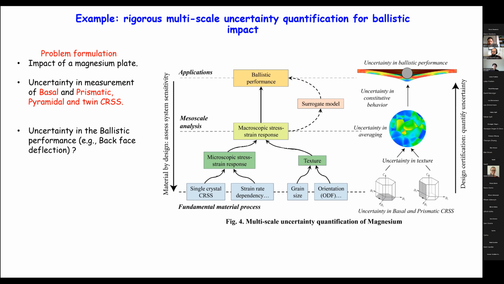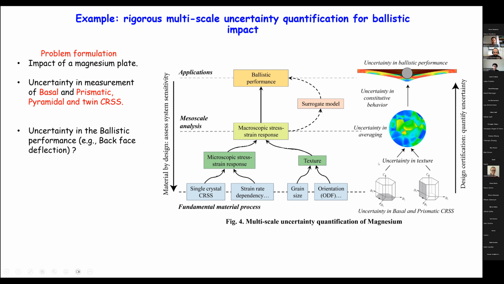Therefore there are basically three scales involved in this study. Let's say we have uncertainties in the ballistic performance. For example, the measure is the maximum backface deflection: if I impact the ball onto this plate, how large the backface deflection would be. The source of uncertainty we have is at the single grain level.